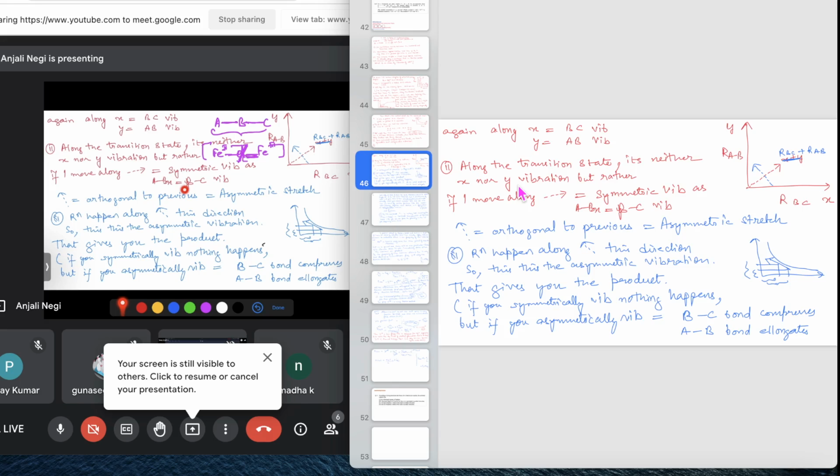But when we move to the transition state theory also, along the transition state to the formation of the product, what happened is that the direction orthogonal to the previous one is known as the asymmetrical stretch, because if you see the curve here, the bond distance is actually contracting to get converted to the bond product.